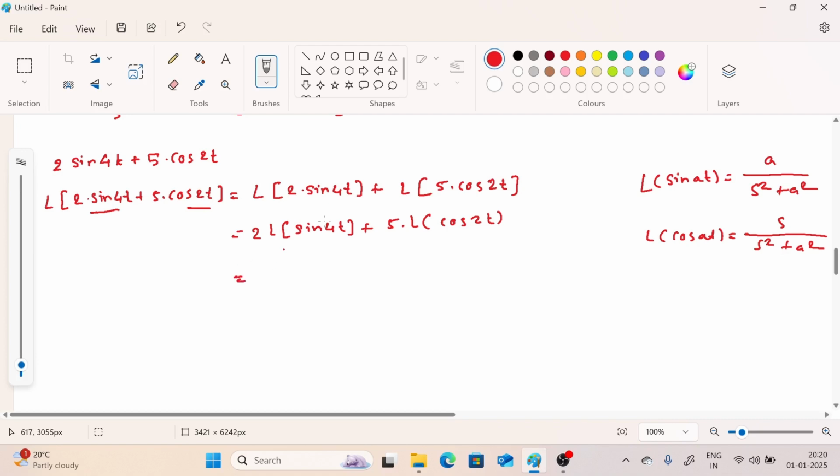Now what we have? Laplace of sin at is a upon s square plus a square. Laplace of cos at is s upon s square plus a square.